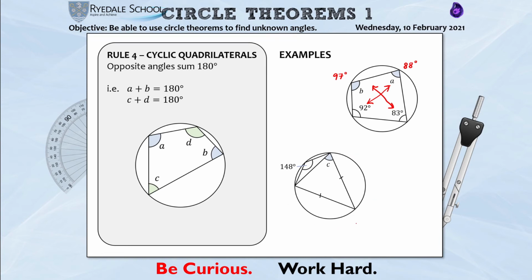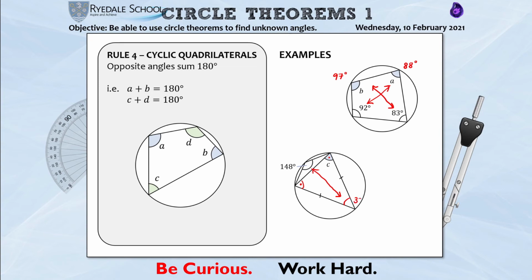With this other question, I've put some little whiskers in. So remember, that means that this shape is an isosceles triangle, which means that this angle in the isosceles triangle and this angle are the same. Well, I can work out this angle first using the fact that the opposite angles have to add up to 180.